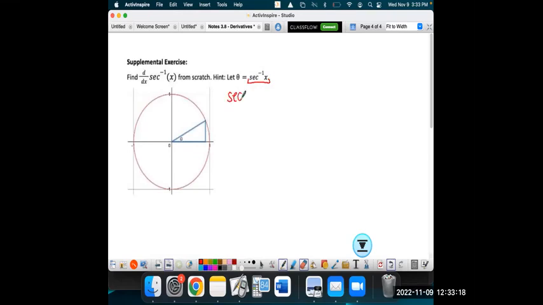So in this case, secant of theta equals secant of secant inverse, or x. And then use the trig ratios there. It doesn't need to be a unit circle. It shouldn't actually be labeled as one for me. But you would use your trig ratios to fill out the right triangle that you have drawn in there.